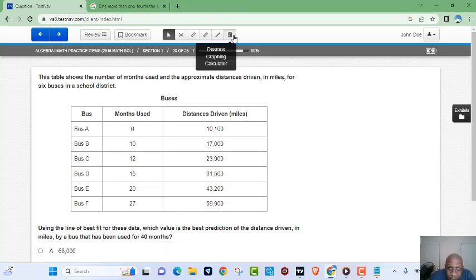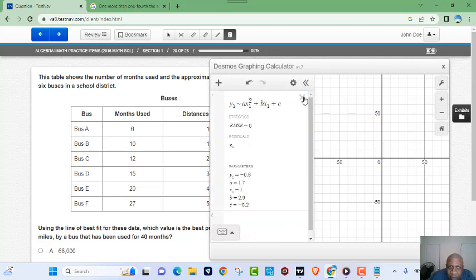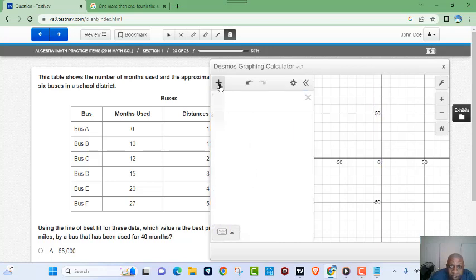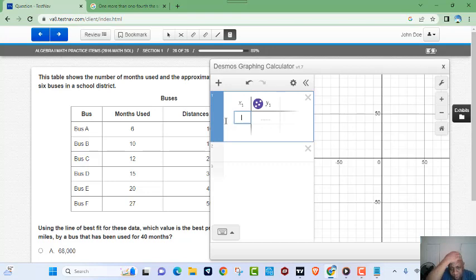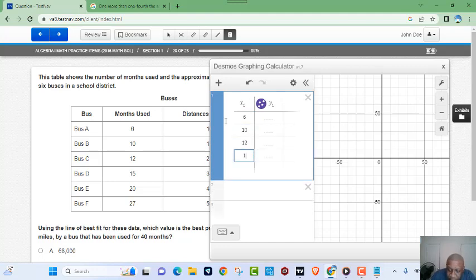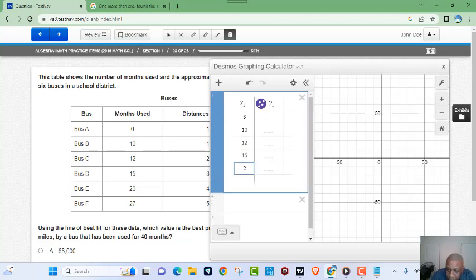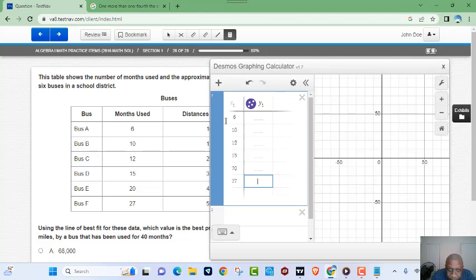let's pull up our calculator again, clear out our previous data. We're going to create a new table, add an item, add a table. So we have 6, 10, 12, 15, 20, 27. Those are our X values.